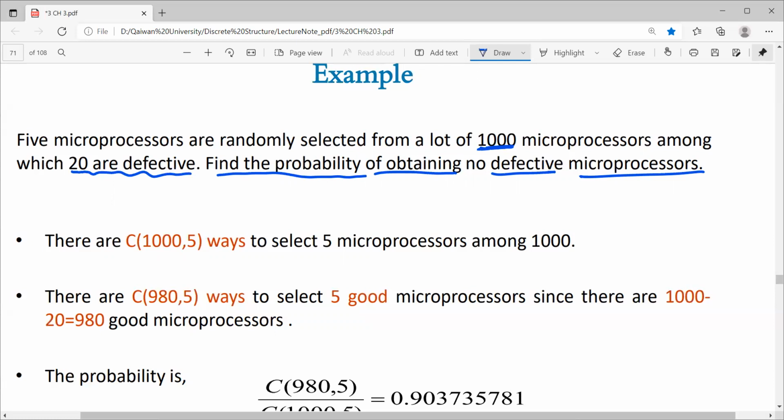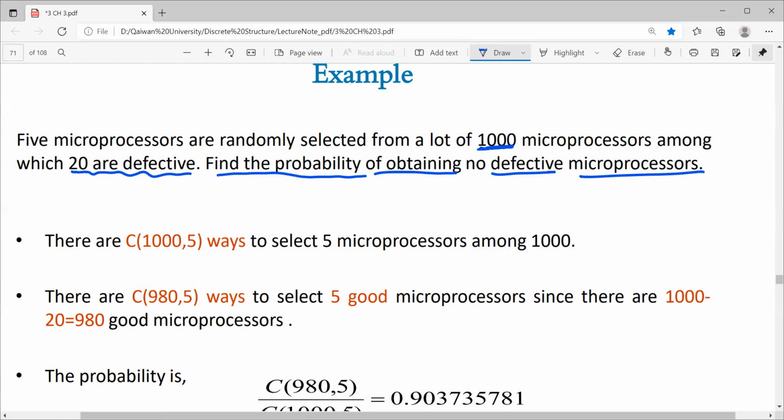If we choose more than one element among a lot of elements, among the elements in the sample space, if we choose more than one element at the same time, in this case, we must use combinations.